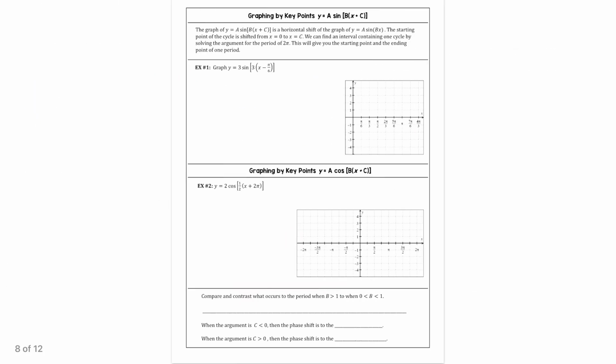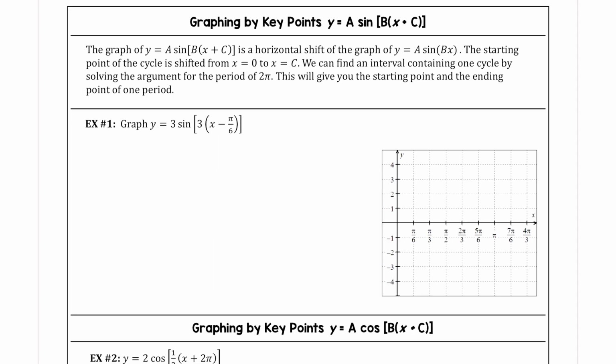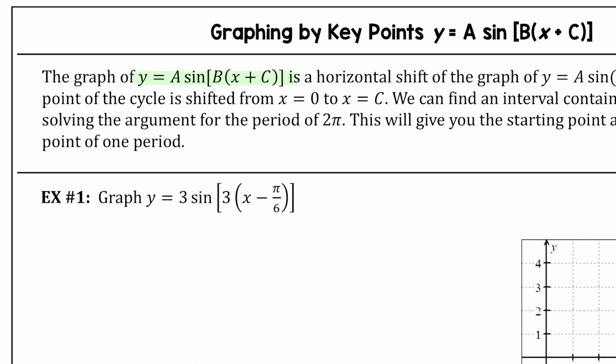Alright, let's go on to the next page and actually start on an example. So note that we have parentheses here. This is the graph of y equals a sine, and then in parentheses, b times x plus c. So this you'll have to pay close attention to.